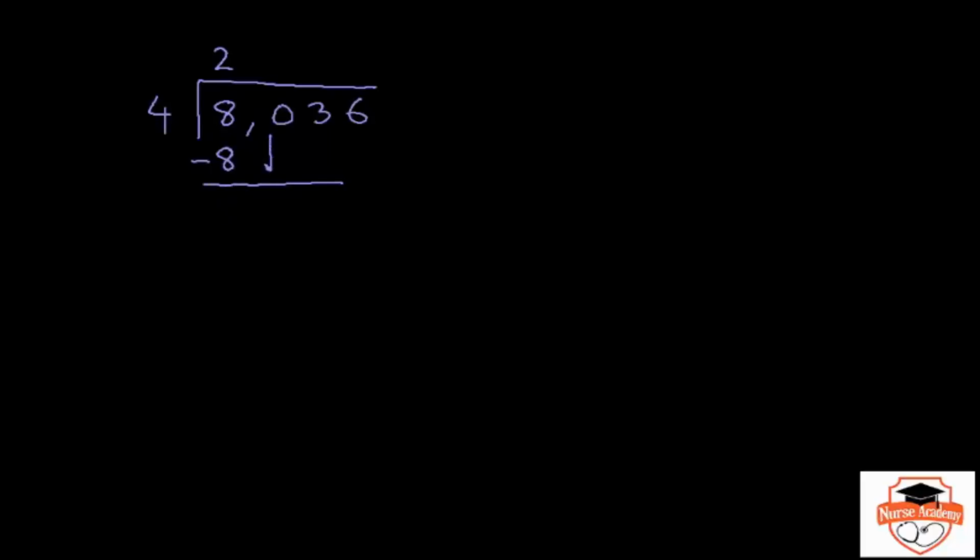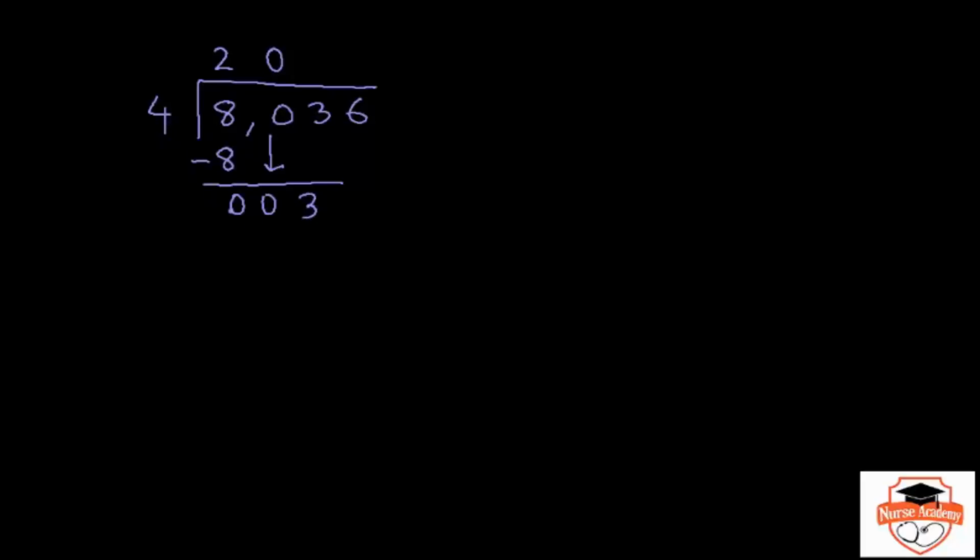Bring down the second digit, which is also a 0. So you have 0, 0. Can 4 divide 0? Well, 4 can divide 0. So 4 times 0 is 0. And then, like I said in the previous example, there's no point in multiplying 4 with 0, writing a 0 over here and subtracting 0 from 0. Straight away, you can bring down this 3.